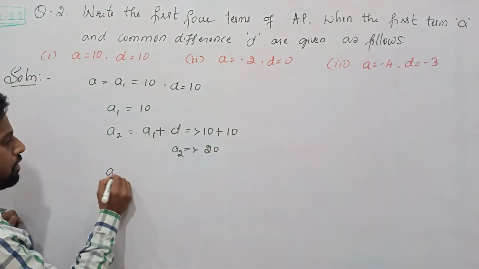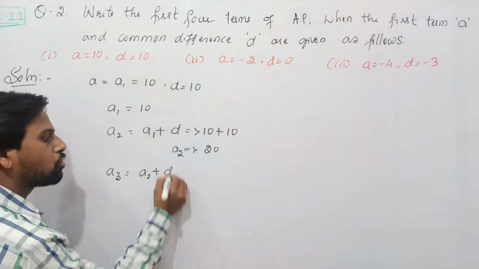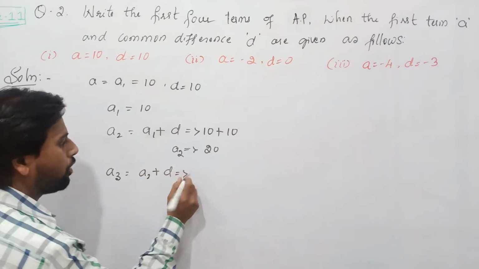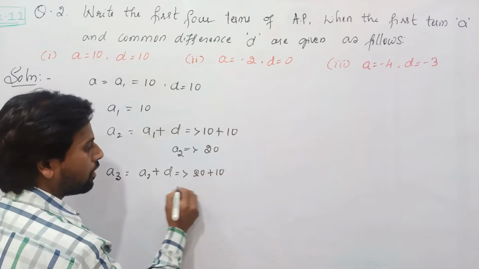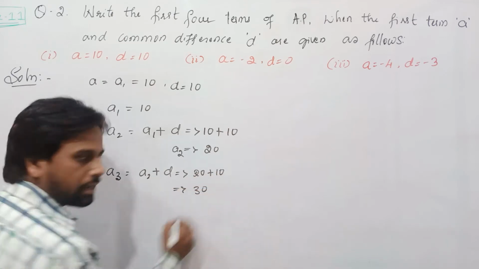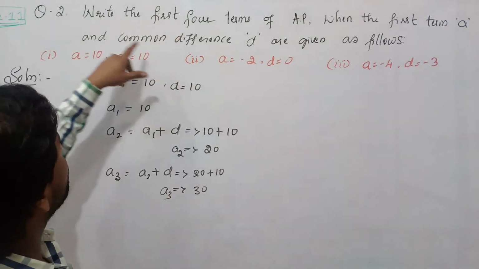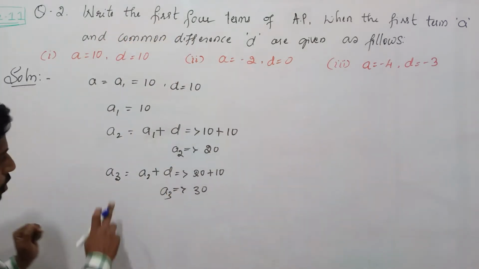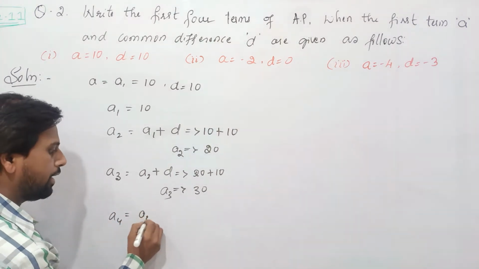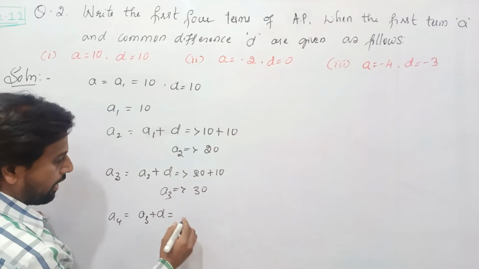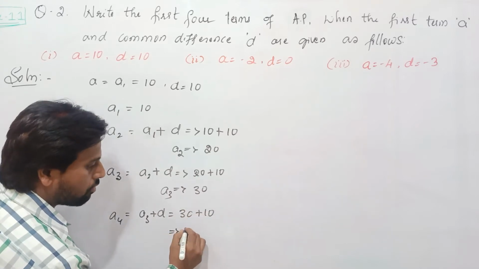Same thing with A3. A3 is A2 plus the common difference, again the same. A2 is 20, plus 10, that is 30. So that is A3. They asked us to find the first four terms and we have found three terms, so let's go for A4 now. That is A3 plus D. A3 is 30, plus 10 is 40.